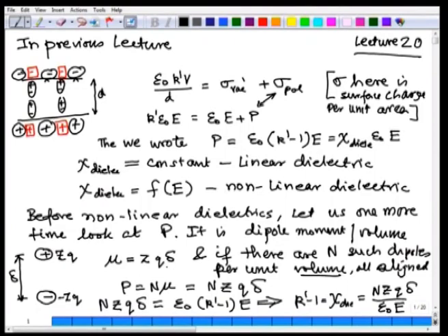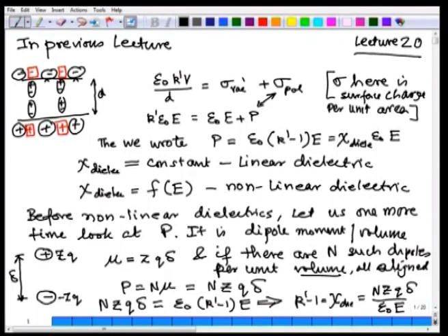Now, if there are n such dipoles per unit volume, because remember we are interested in polarization, which is dipole moment per unit volume, and all of them are aligned, then I can simply add them up. In principle you should do vectorial addition, but since I am looking at the scalar values, I must make sure that they are all aligned so that they can be added in a scalar way.